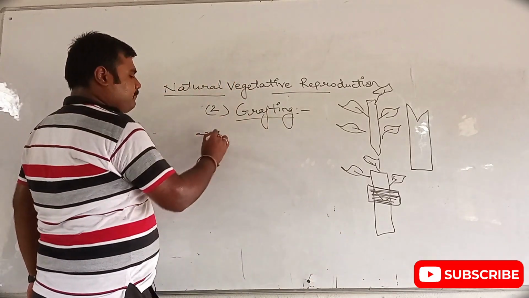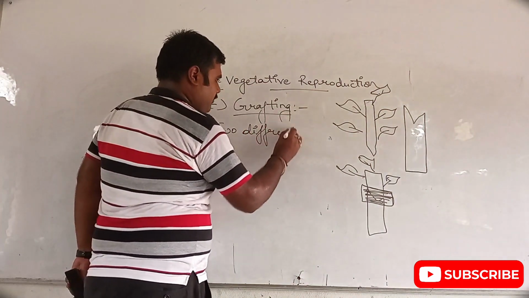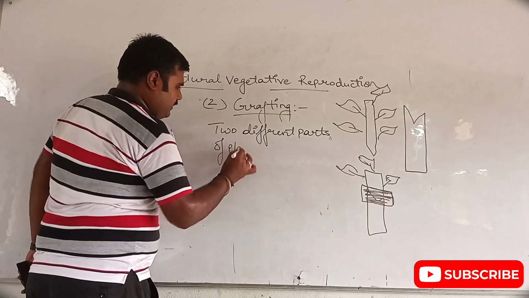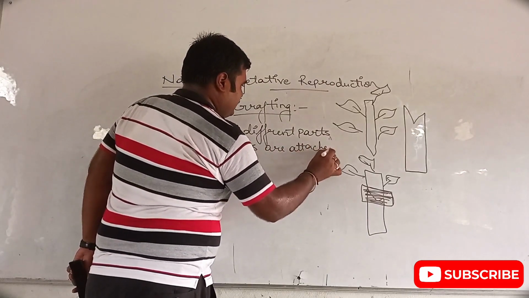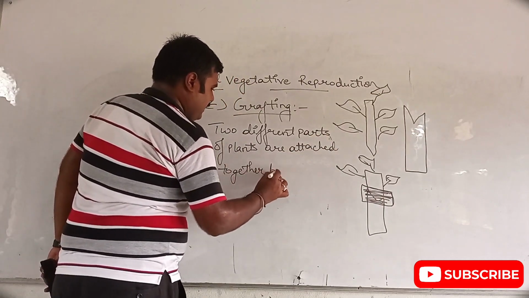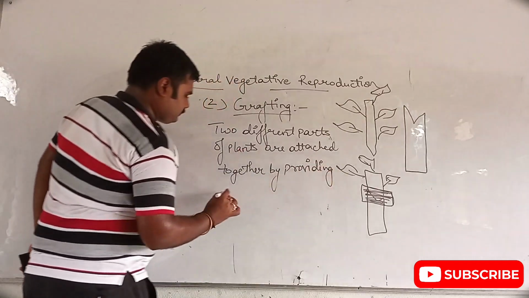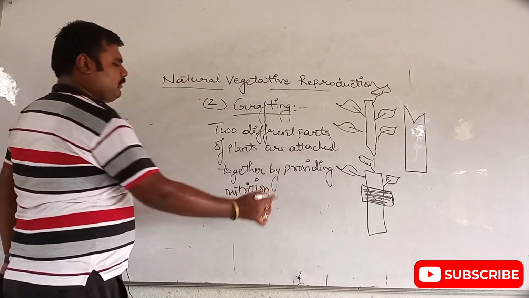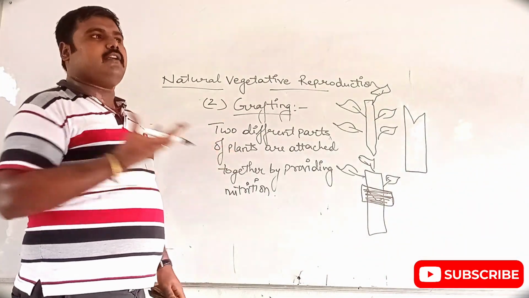So in grafting, two different parts of plants are attached together by providing nutrition.